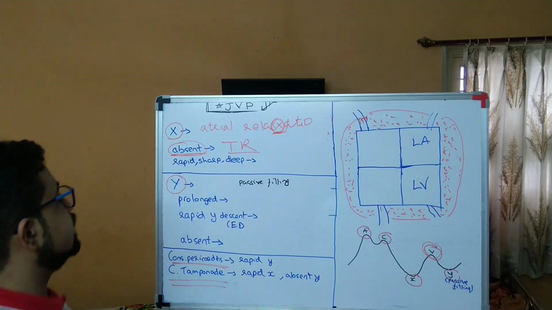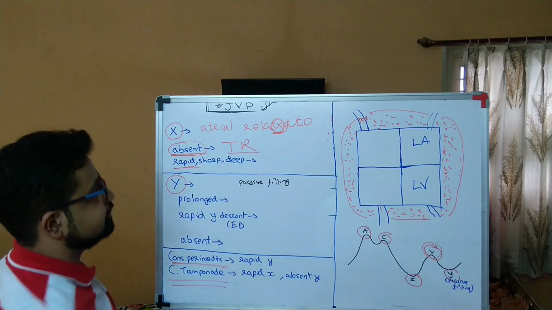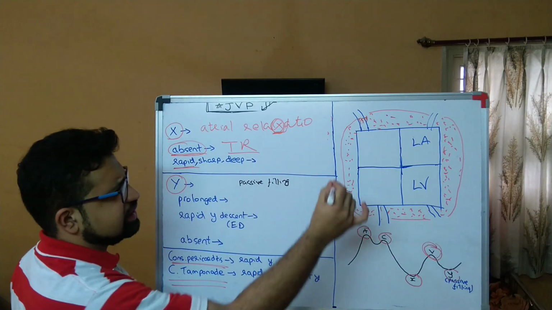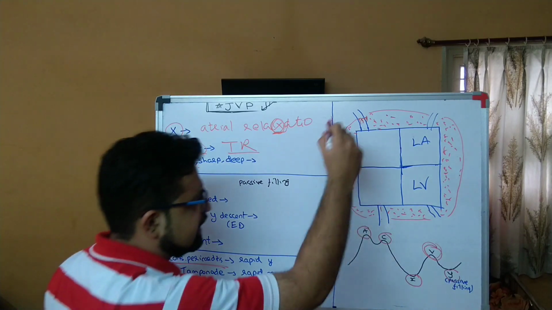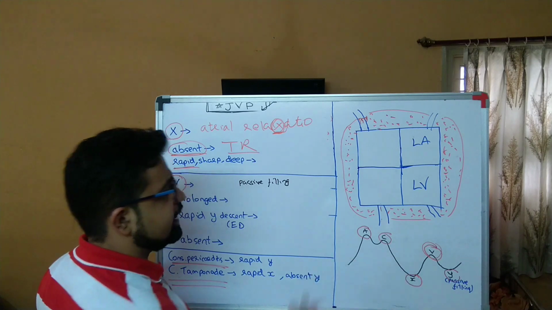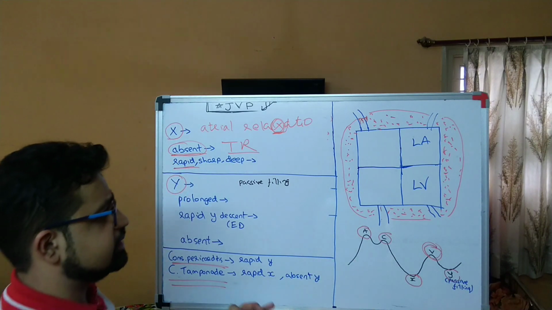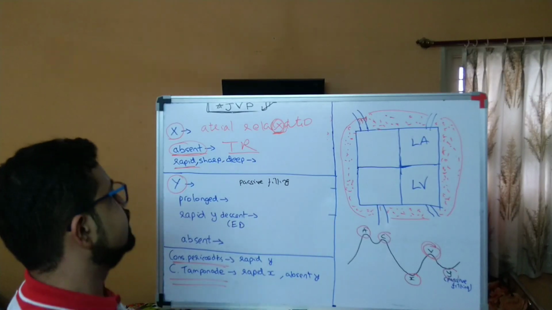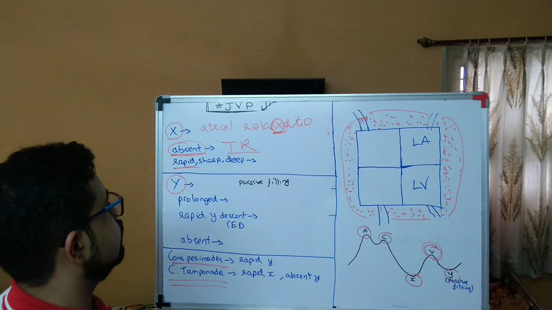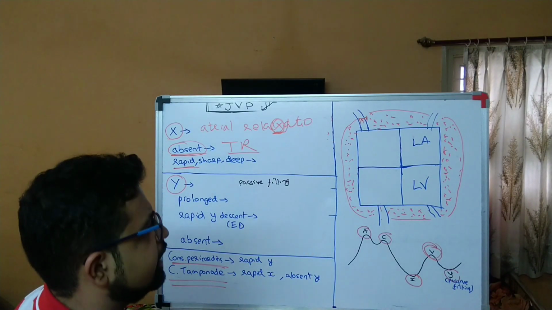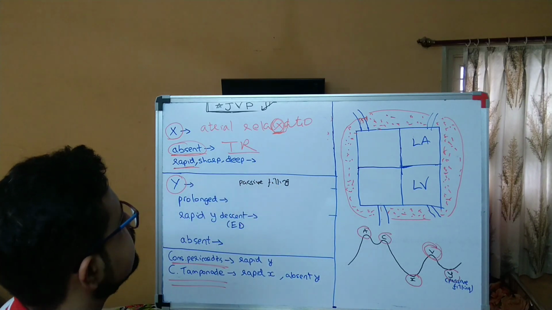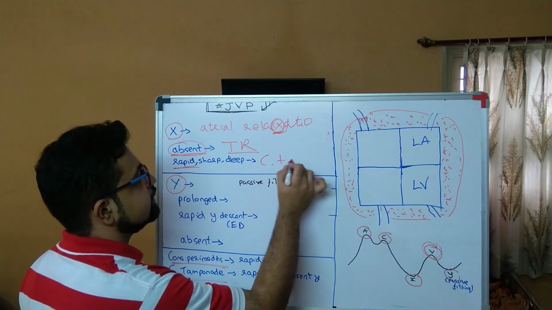That is the reason why you get a rapid X descent. What is X descent? Atrial relaxation. As soon as the atrium relaxes, there is rapid filling, due to the increase in JVP and the blood in the pericardial space. So you get a rapid X descent in cardiac tamponade.